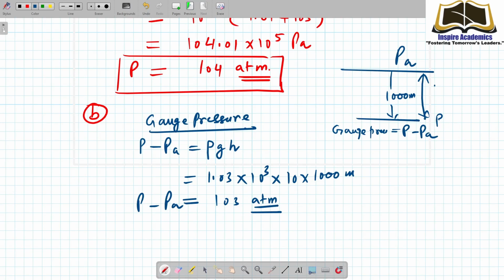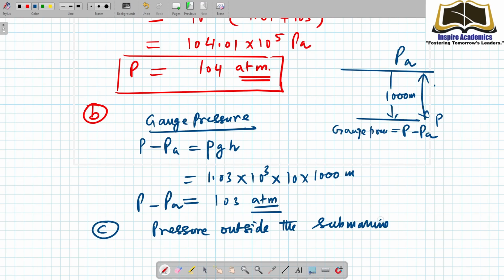In question number C, what is asked? What is the pressure outside the submarine? It will be PA plus rho gh.